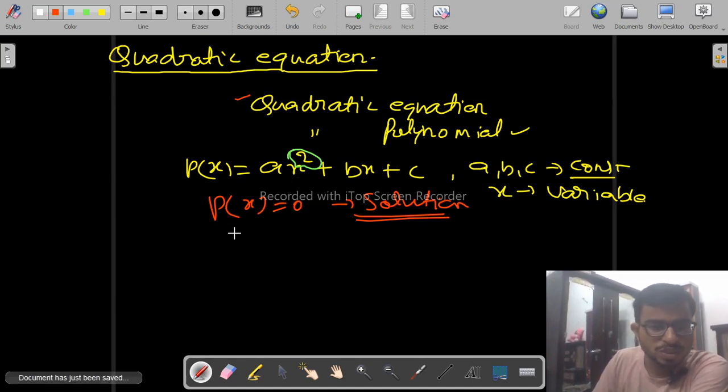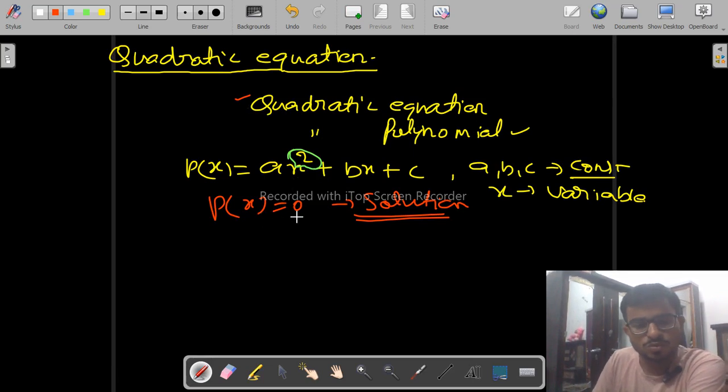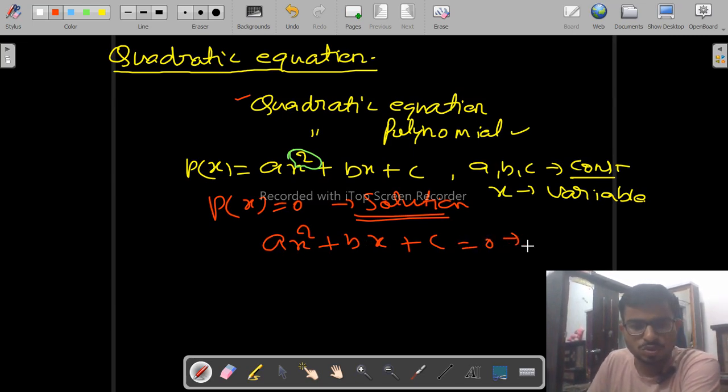Equation means when we equate the polynomial to 0. So when I write ax square plus bx plus c equal to 0, this will have some solutions. Basically it will have exactly two solutions, because the number of solutions of any equation is equal to its degree, and its degree, the highest exponent of the variable, is 2.